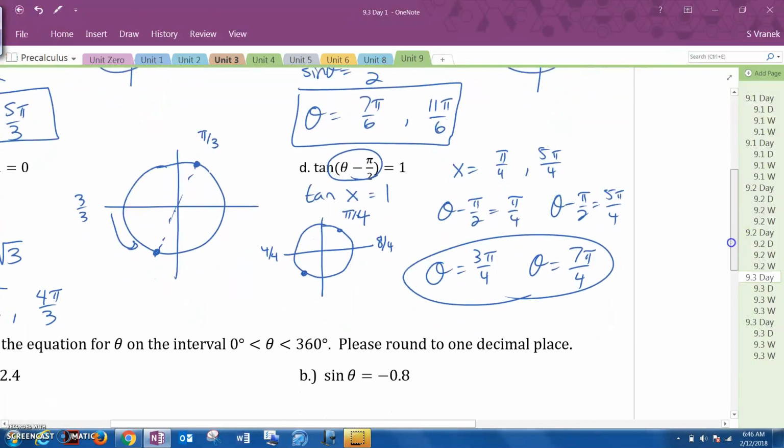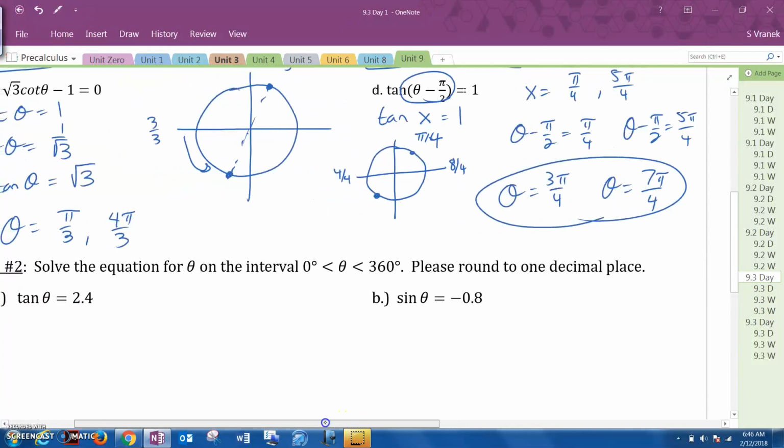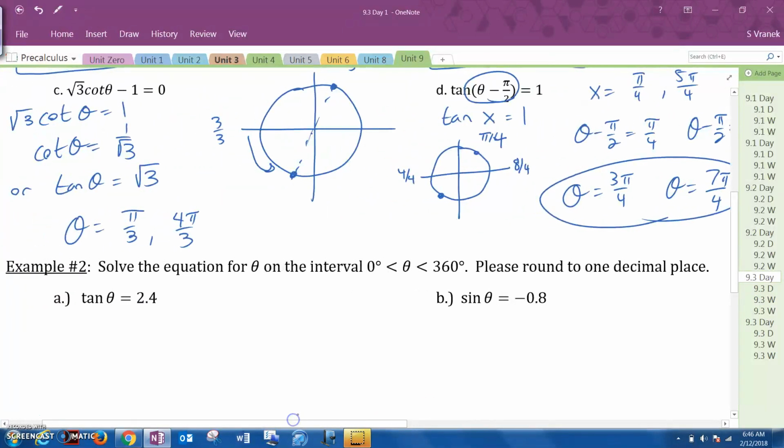Okay. So I know your test is non-calculator, but you can do this with the calculator too. I'm going to just show you one, just to show you how to do this. When you do this, you want to use inverse tangent. So if you inverse tangent 2.4, you end up with, I think it was 67.4.